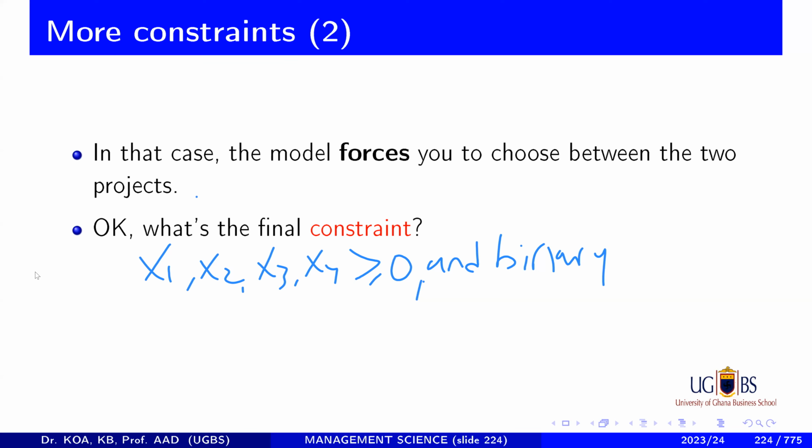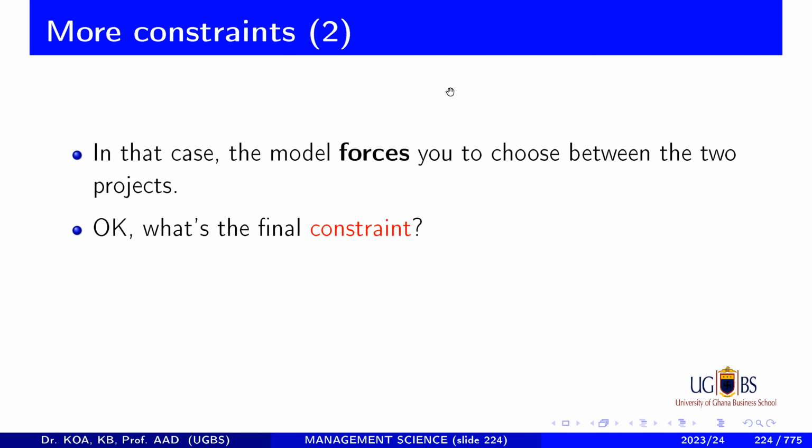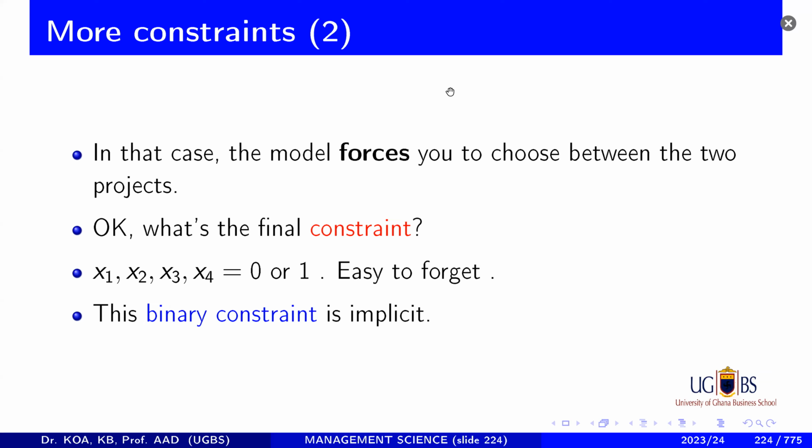Doc, please, I have a question. Please go ahead. So I want to find out, are you saying we write the non-negativity constraints and then we write x1, x2, x3, x4 equals 0 and 1 as a constraint also? No. When you write it like that, non-negativity constraint doesn't come.